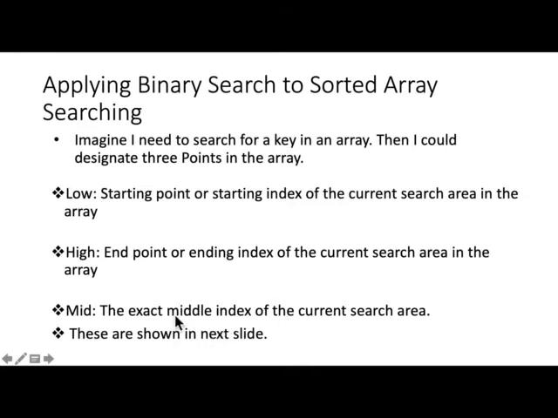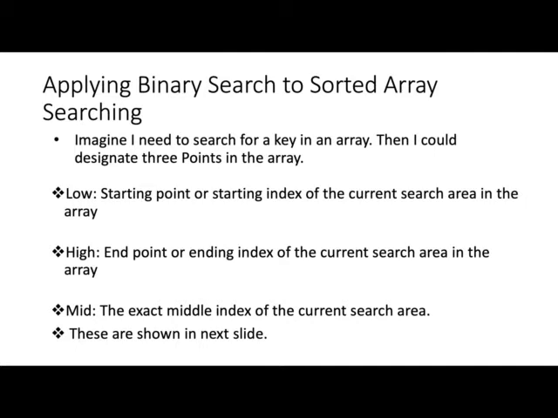So how do we find this mid? We take low plus high divided by 2. And that's an integer division. Don't forget that. It's not going to give you a floating point value. You can't have array index of 10.5. So please don't make that mistake. Array index can only be an integral value.